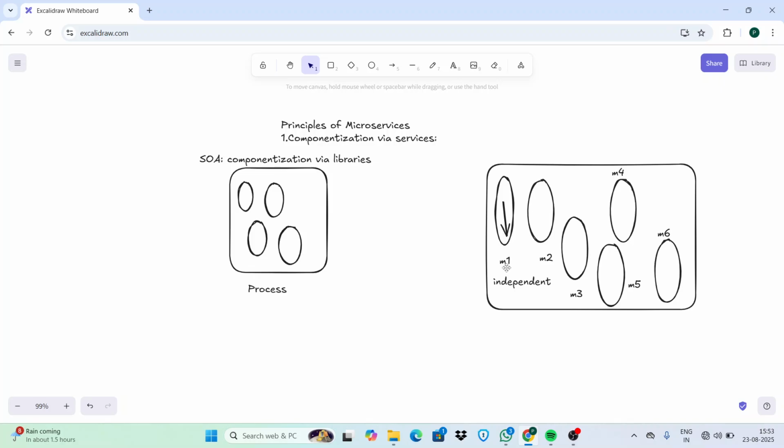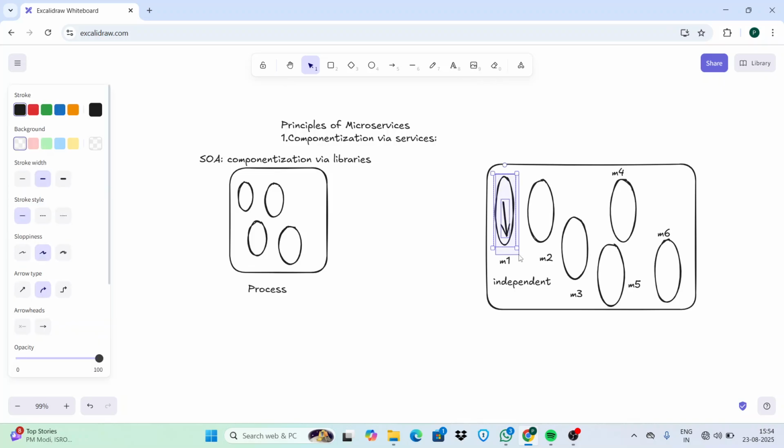The developer fixes that bug inside M1 without touching M2, M3, M4, M5, M6, and redeploys only the M1 microservice. So this is componentization via services. This makes the system very reliable, very flexible, and easy to maintain.